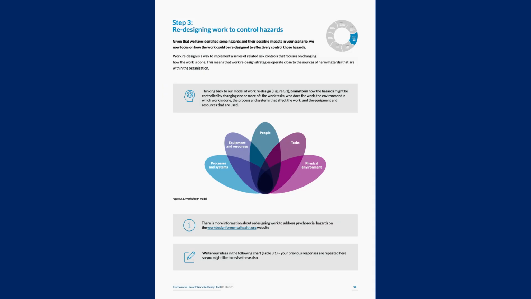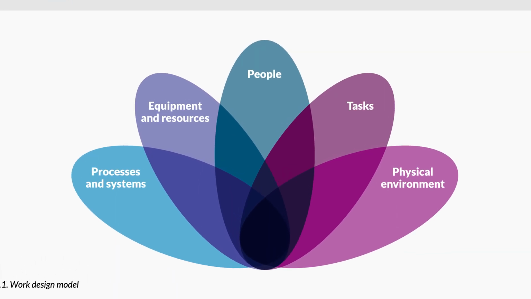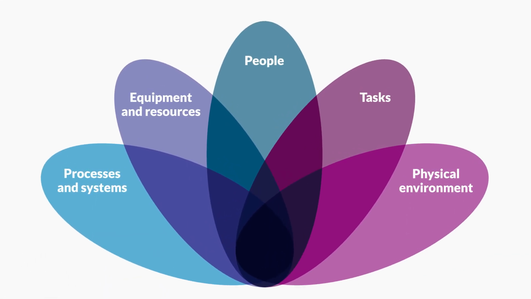Yeah, so step 3 is about starting that conversation or brainstorming around how might we redesign the work based on the hazards that we've identified. And that's where we introduce the work redesign model. So there's a model in the tool. It looks a bit like a lotus flower where the petals are all overlapping.